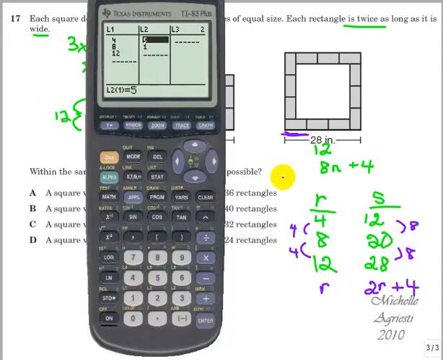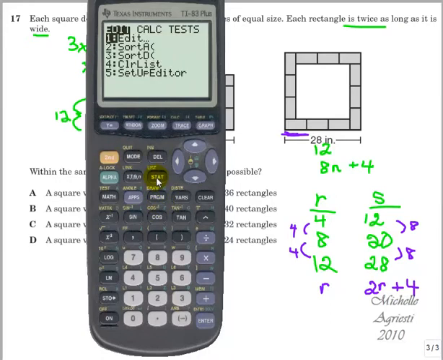And my side lengths are 12, 20, and 28. So I've got them in list 1 and list 2.